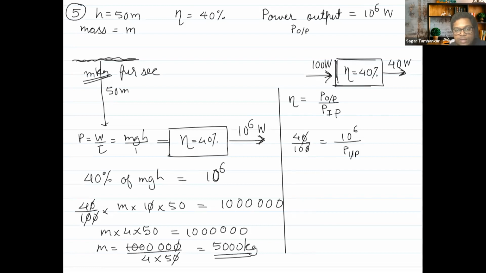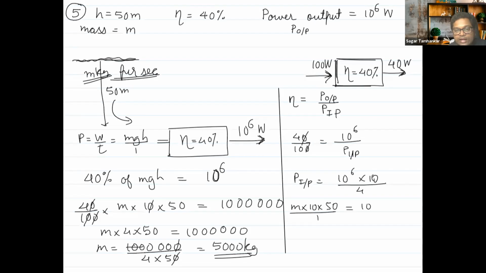So what is the power input? So 10 to the power 6 into 10 upon 4. And I just said that the power input is because of the falling of water. That is m into g into h upon 1, because this is per second.